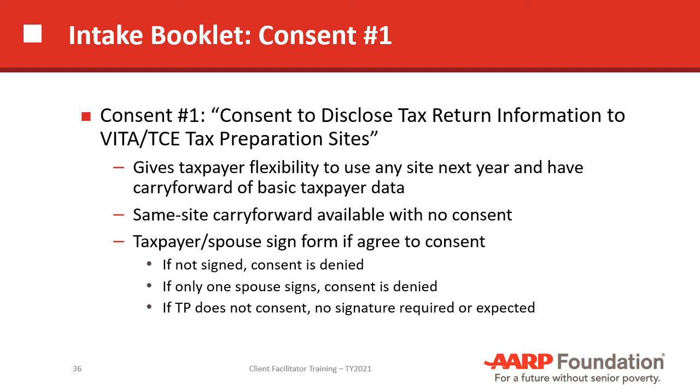For instance, if somebody typically went to Marshfield and suddenly decided to go to Scituate to have the tax return prepared, they would have had to have consented to this in the prior year in order for the people in Scituate to get that basic information to come forward. Otherwise, Scituate would have to create the return brand new and enter all of the basic information such as name, address, telephone number, that kind of thing.